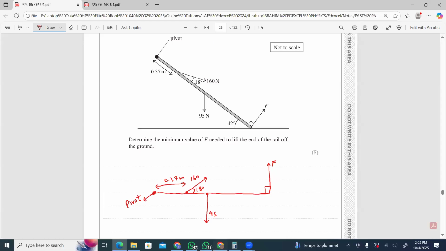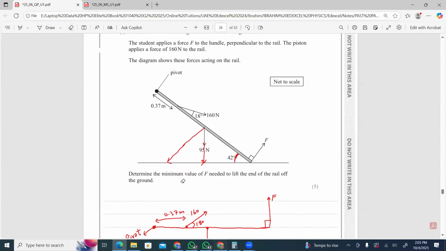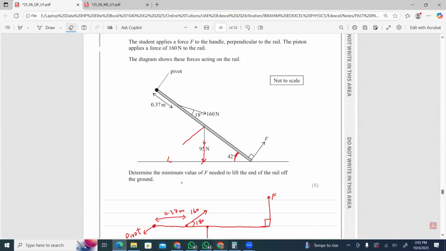So if you remember, whatever the angle here is, it is exactly the angle here, remember? So if I say that this is the weight acting down, let me redraw it to perfection. Yeah, I think it's better. It's 90 and this is 42 as well. Okay.